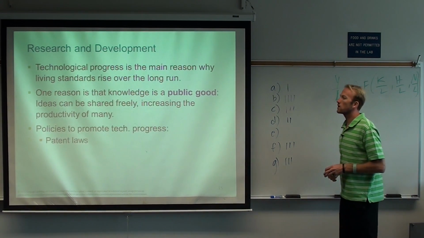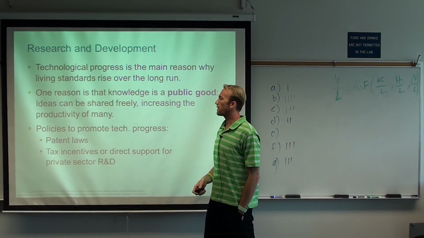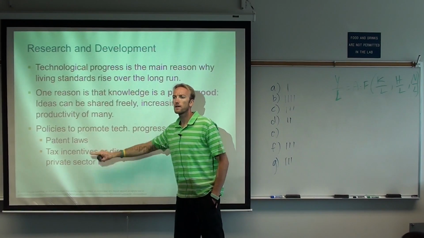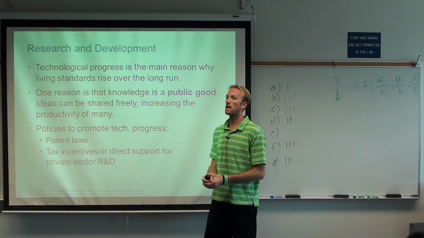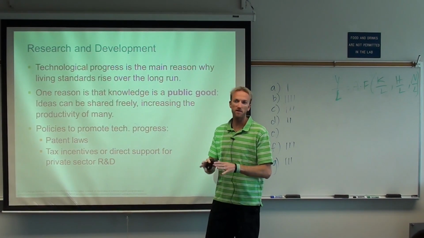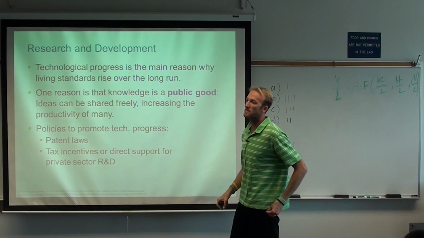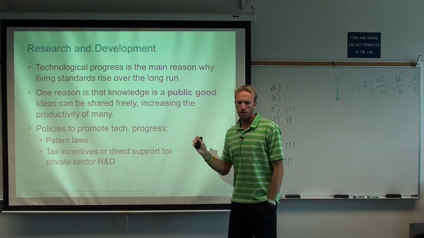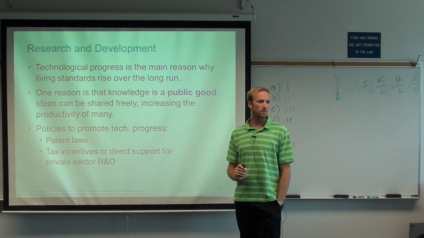Okay? So how do you promote A? How do you get more A? You can have patent laws, right, which allow companies, they say, hey, if you invent a new product, we'll let you sell it like a monopolist for a certain number of years, 15 or 17 years, right? There's tax incentives, basically. If you spend $1 on building a research laboratory, you won't have to pay taxes on it, right?